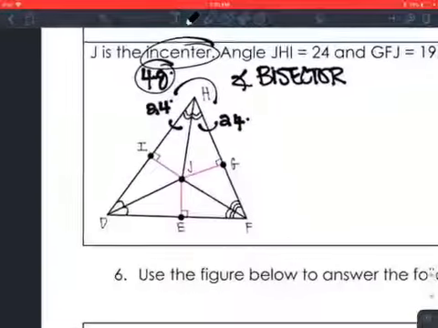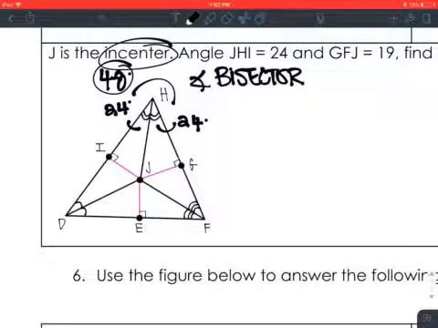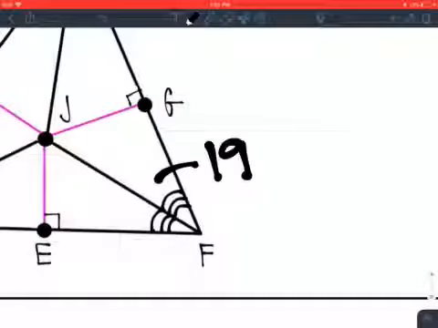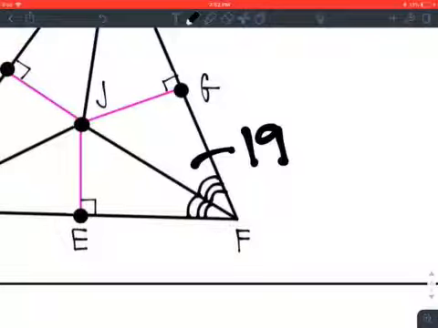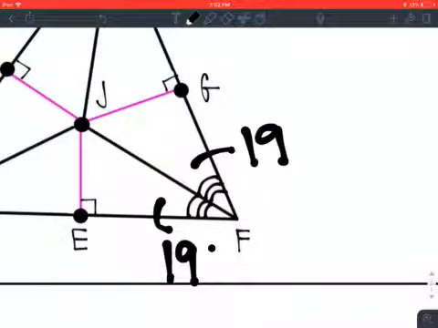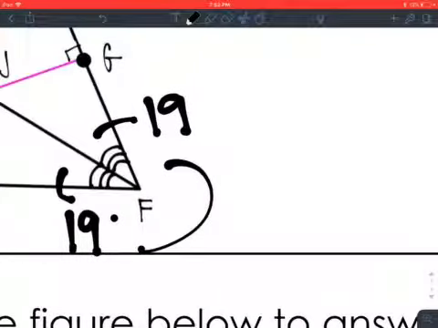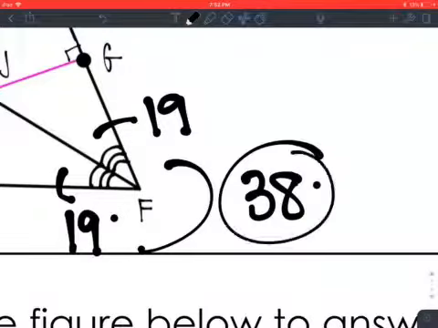And I'm going to circle that because we're going to pay attention to the 48, okay? All right, GFJ is 19, which means that because it's an angle bisector, this is also 19 degrees, which means all of angle F is 38. I'm going to circle that.